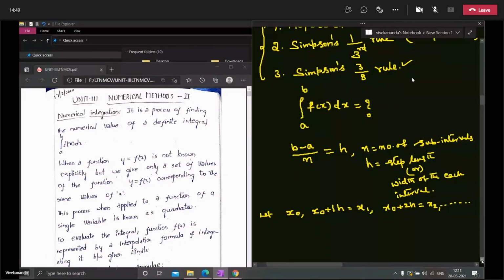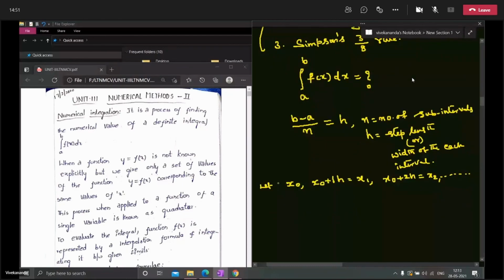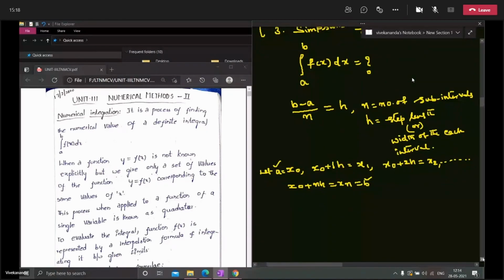Likewise, x0 is nothing but a, and at last xn means x0 plus nh, which is equal to xn, which is equal to b. Means this a, b is divided into n number of subintervals.